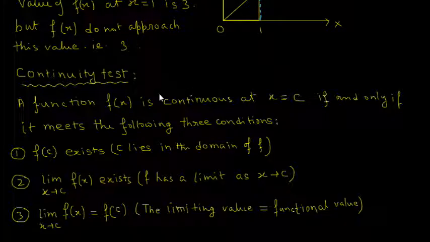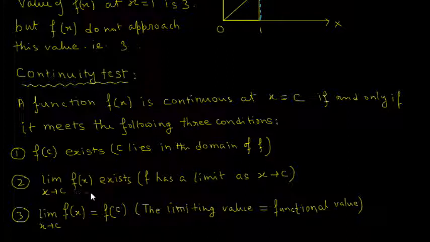The continuity test we can summarize as: a function f(x) is continuous at x = c if and only if it meets the following conditions. First, f(c) exists, that is, c lies in the domain of f.